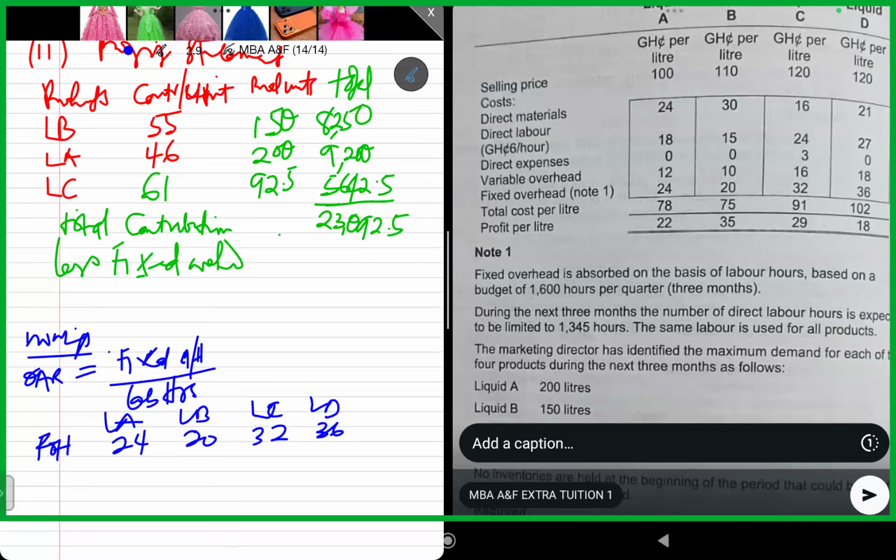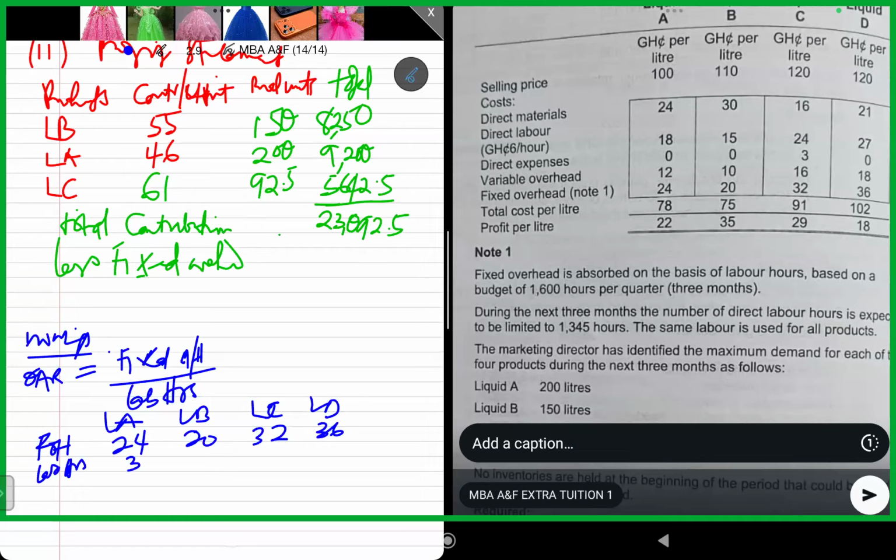Then you see it's fixed overhead per labor hours. So what is the labor hours for each of the products? Let's go to step 1. We have 3 for A.